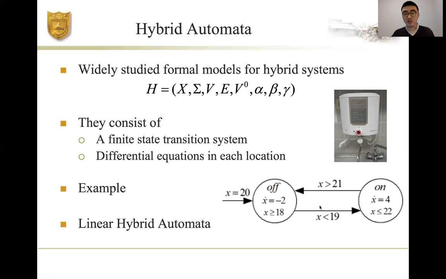Okay, and for such a system, we can see all the constraints and the differentials are linear. So we call it linear hybrid automata. It is a very special subclass of hybrid automata. For general automata, it could be like dx/dt equals sine x plus sine y and multiplied by something, right? It could be very complex. And here we are talking about one special subclass.